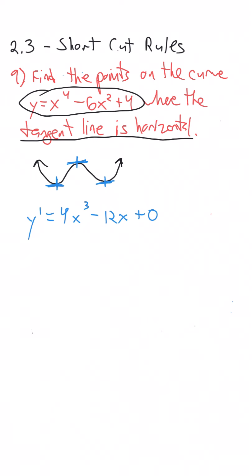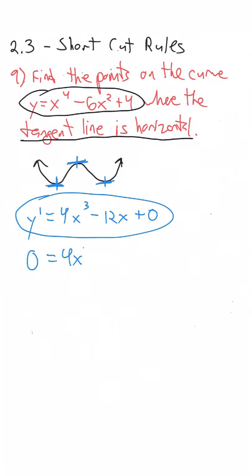Notice it's a cubic polynomial. It's what we'd expect to find. Now, I want to find where this cubic polynomial y prime equals 0. So, do I know how to find the zeros of a cubic polynomial? Hopefully, you get 0 equals 4x cubed minus 12x, and then this thing should not be hard. That's the same as 0 equals 4x times x squared minus 3.